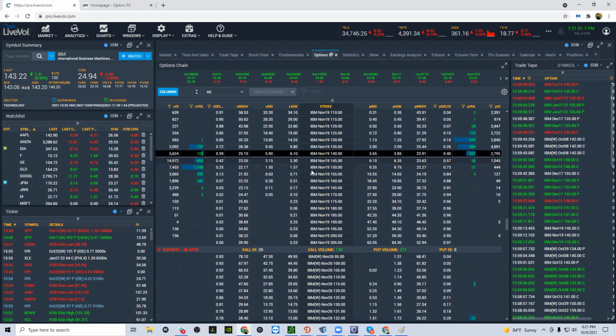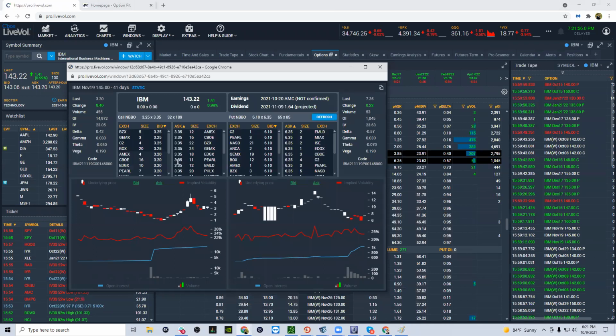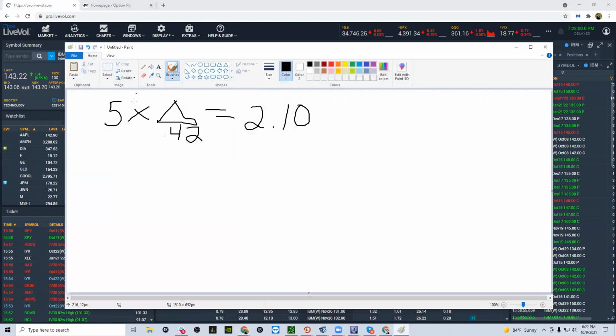Why? Because there's this thing called gamma, and it starts to really matter on big moves. It changes, and the key is we need to find the average delta during the move. So how do we get that? It's really simple math.